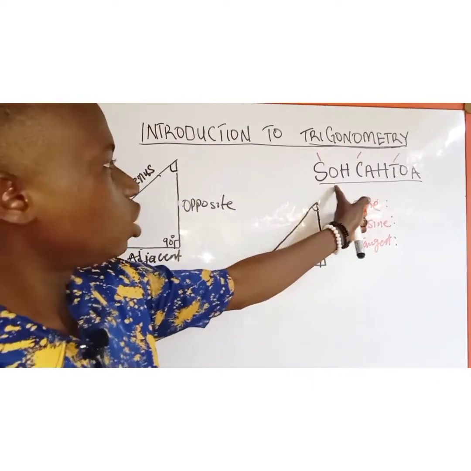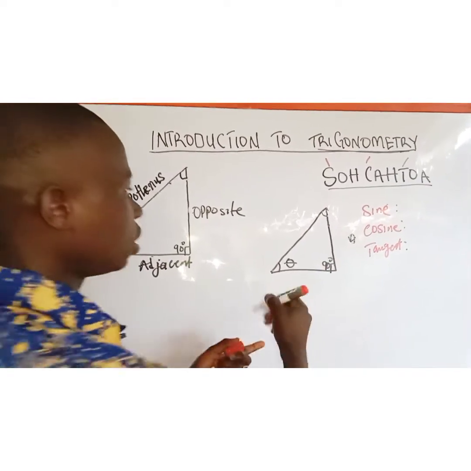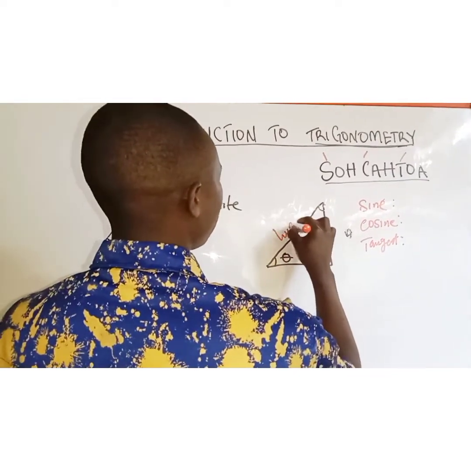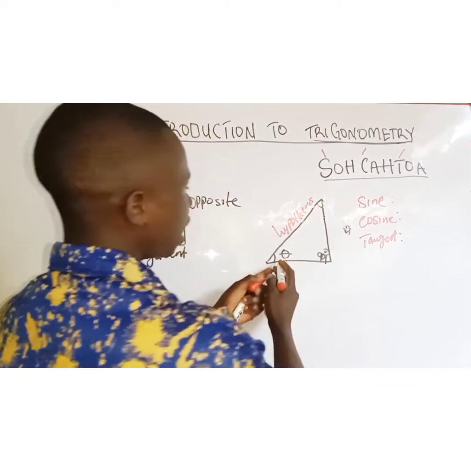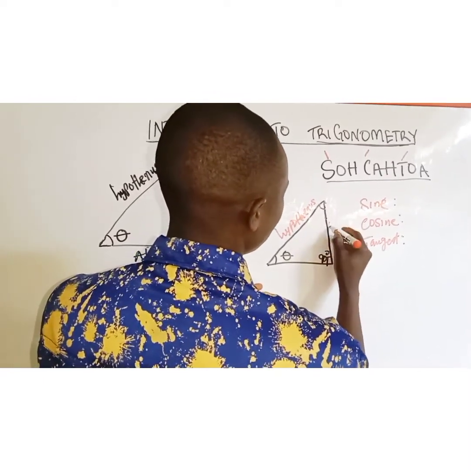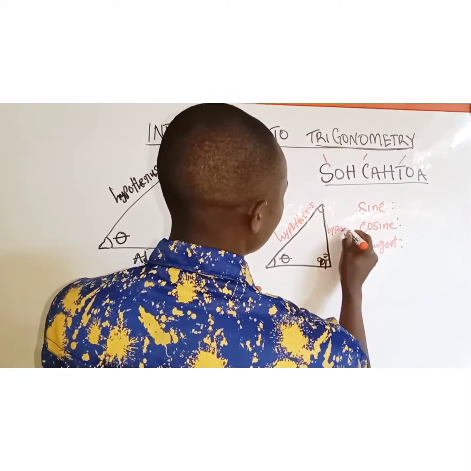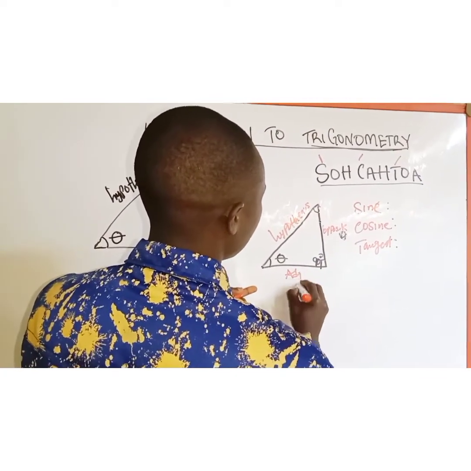Now we are going to use this word SOHCAHTOA. The longest side of this triangle is called the hypotenuse. Since the angle is here, the side opposite to this angle will be here, and this place will be the adjacent.